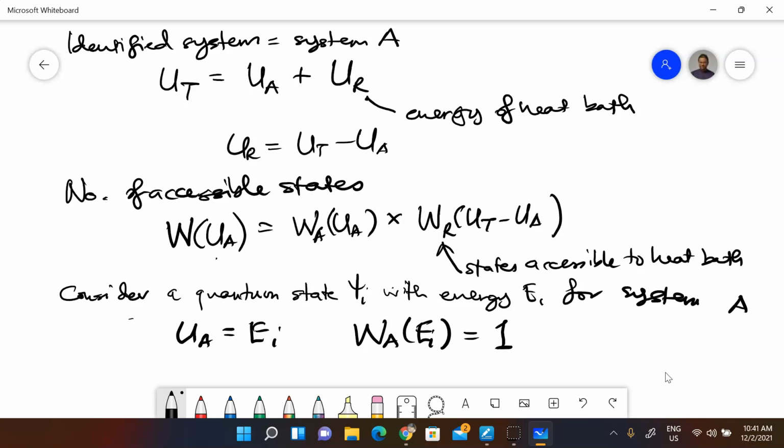Later on we'll talk about degenerate states, that means different quantum states that might have the same energy. At the moment we are considering the non-degenerate case.